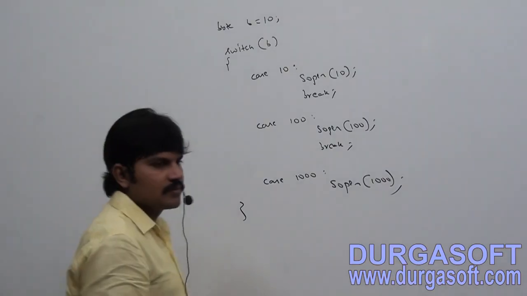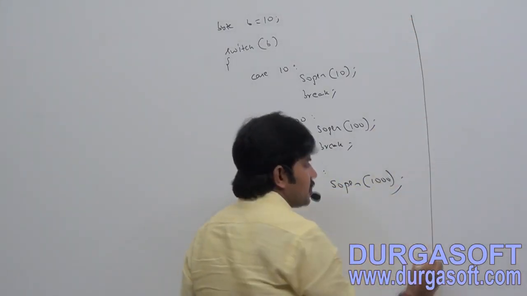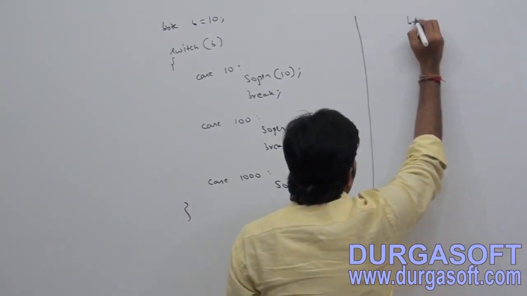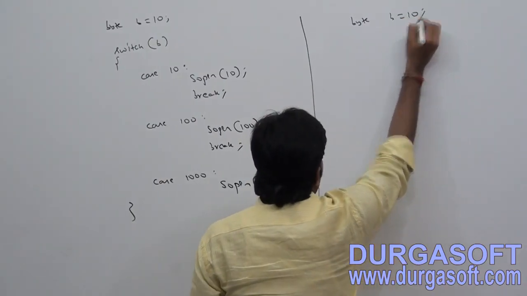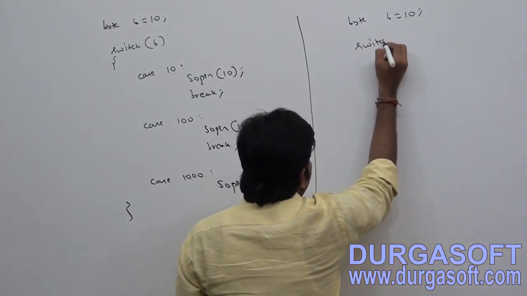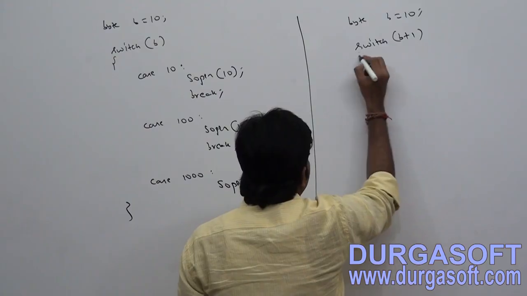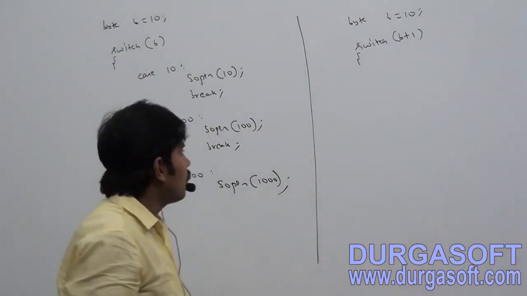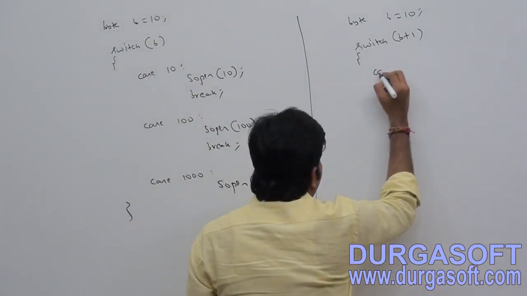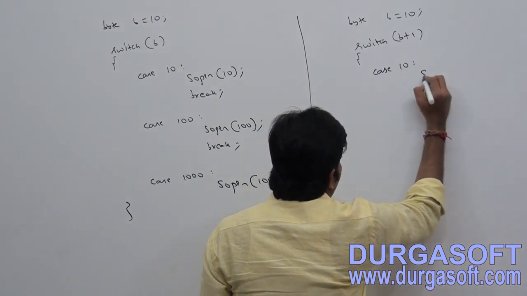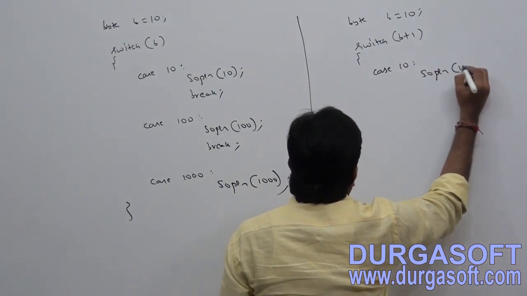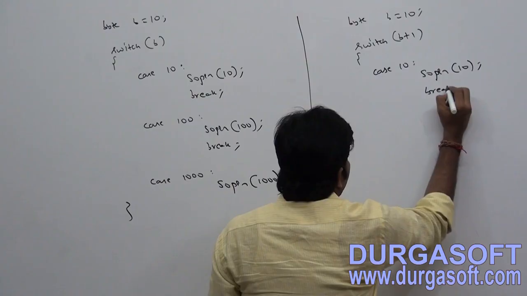Next, byte b = 10, switch of b + 1. Case 10, System.out.println of 10, break.